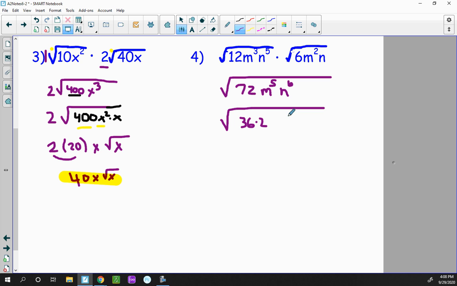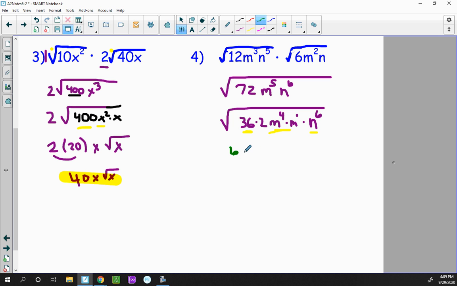And then the square root of m to the fifth. Okay, I can't do 5 divided by 2 and get a whole number, so I'm going to write m to the fifth as m to the fourth times m to the first. And then we're going to go with n to the sixth and leave that one alone, which is good. So we're going to take these out in a minute. And so final answer, the square root of 36 is going to be 6.